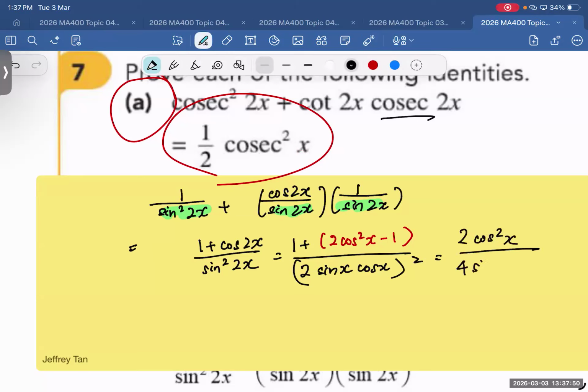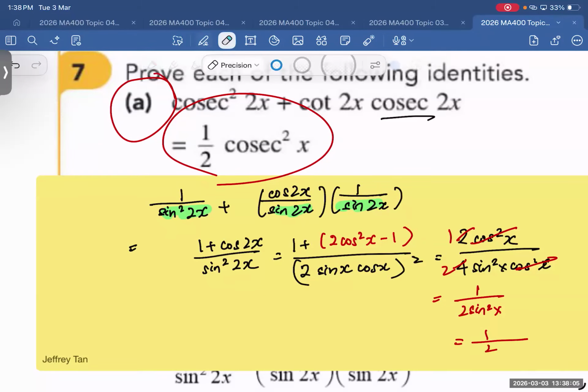This is 4 sine square x cos square x. And look at this. So nice to cancel. Cancel, cancel. 1 and 2. Cancel, cancel. 1 over 2 sine square x, which is 1 over 2 cosecant square.